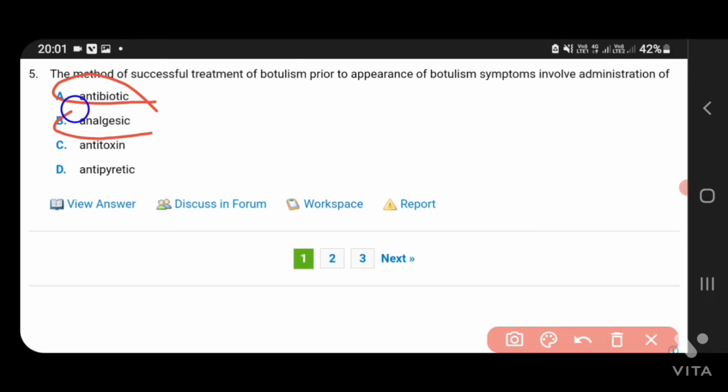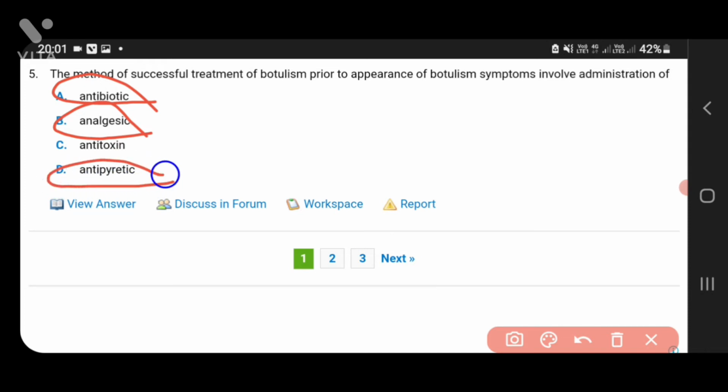Analgesics are medicines that act as painkillers, specific painkillers, not anesthetics.